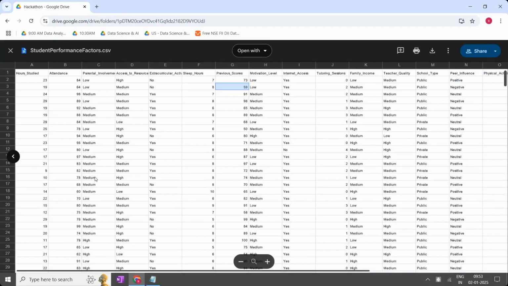I'll keep parental involvement in the slicer, and there I'll select low and show the average students' performance. What is the average students' performance when parental involvement is low? When parental involvement is high, how is the students' performance? In the card I'll keep the average students' performance, and in the slicer I'll keep parental involvement.